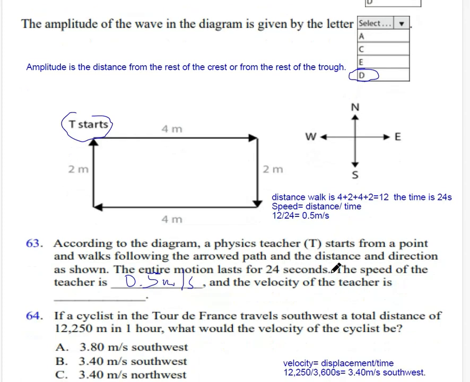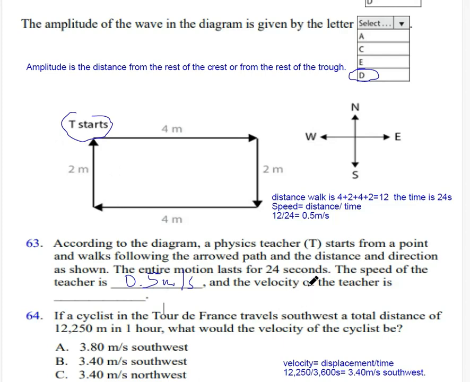velocity of the teacher? As we all know, the difference between speed and velocity is that speed is a scalar quantity which measures only magnitude, while velocity measures magnitude together with the direction. So we will look at the directions that the physics teacher walks along the entire path. And then velocity is measured as displacement over time.